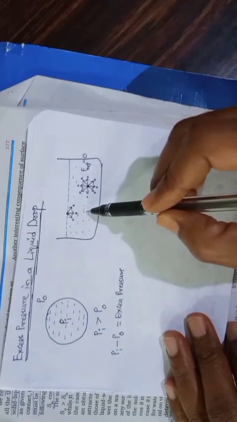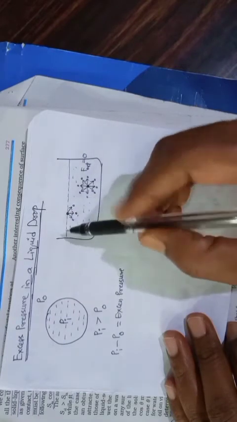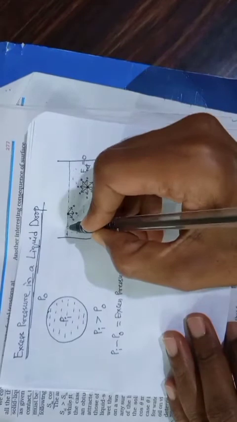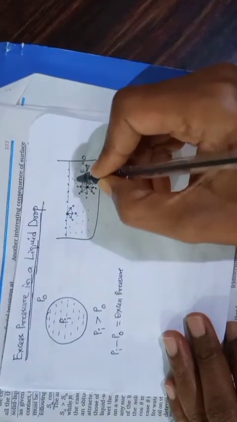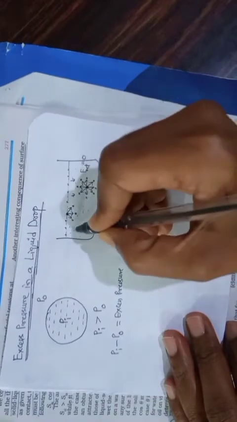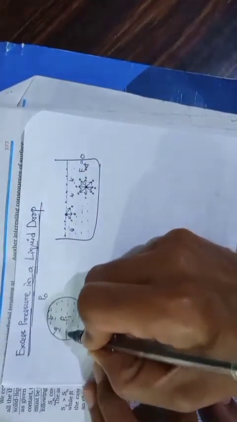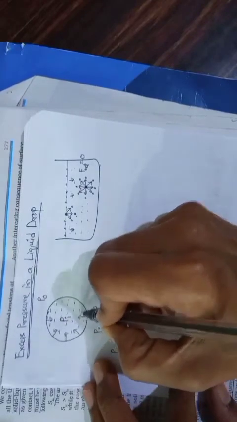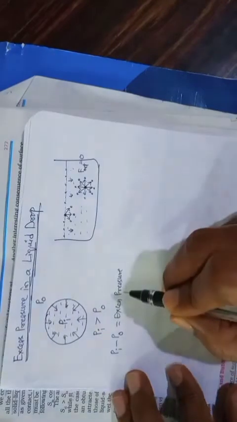So here the net force is not zero, but there exists a net force, and that net force is working towards the liquid. So in this way, net force is working on all the surface molecules towards the liquid.